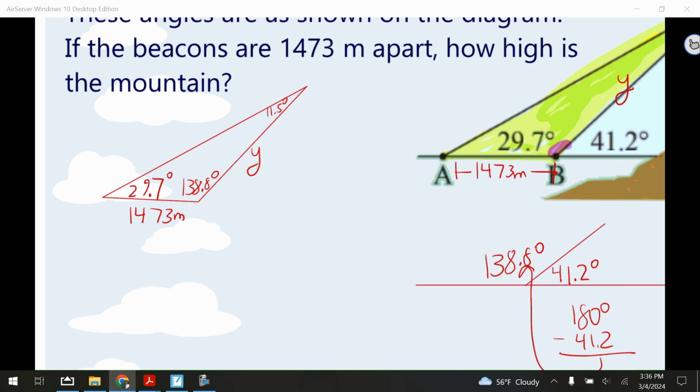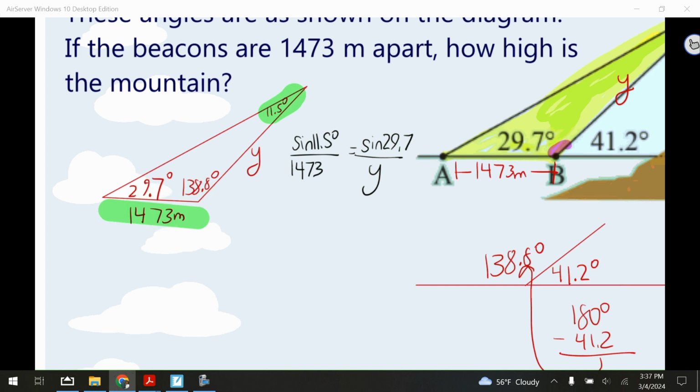So I'm going to set up the law of sines. Here are our two opposites. I have this angle opposite this side right there. That would be my known ratio. So I have the sine of 11.5 degrees over the opposite side, 1,473, equals the sine of 29.7 over Y, which will allow me to solve for Y.